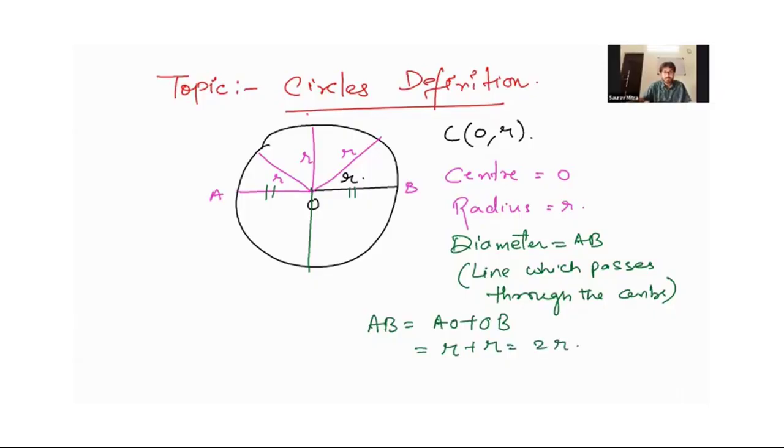So AB is a diameter, which we denote by D. The relation between the diameter and the radius comes out to be D equals 2r. Your complete length from A to B is D, and this equals 2r. So this is the definition.